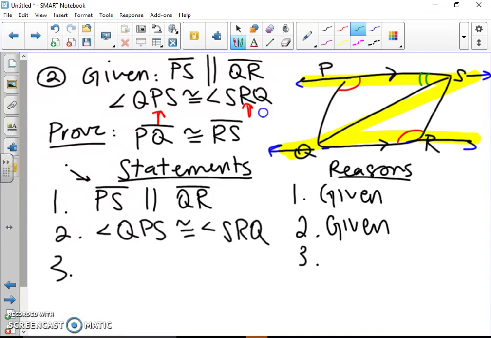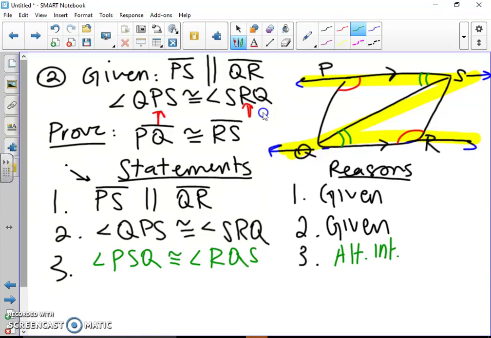Well, this angle is formed, and that angle is formed. So because of this, we can say that angle PSQ is congruent to angle RQS. And that's because they're alternate interior angles.